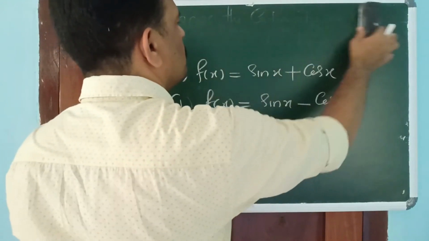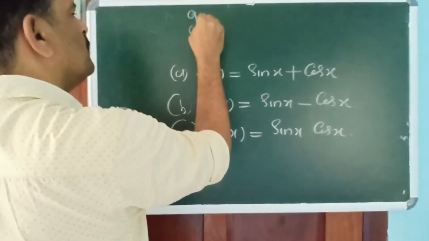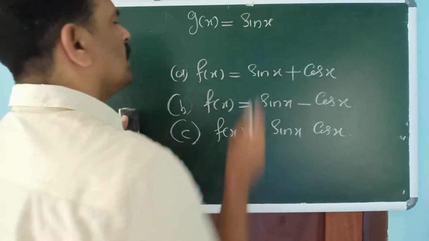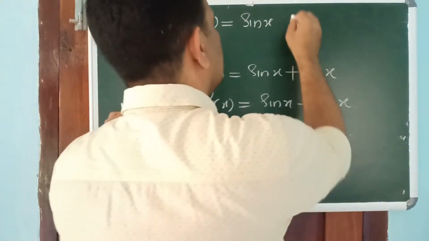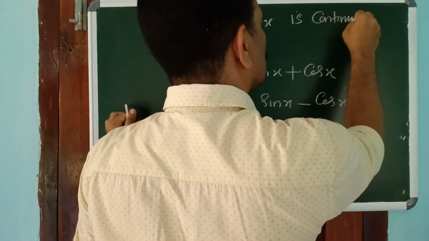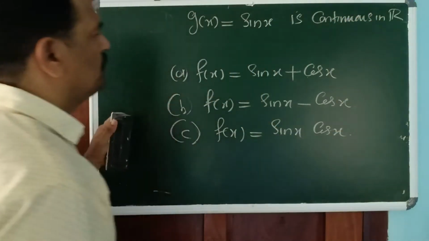First of all, we can take g of x equal to sin x. According to the theorem, we know that it is continuous in R, the set of all real numbers.